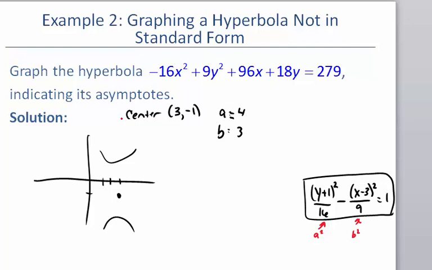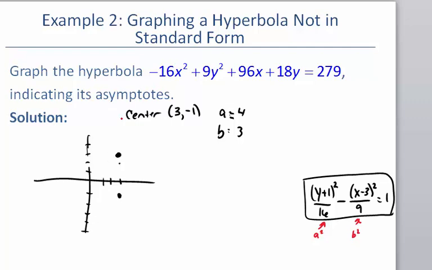And so let's go ahead and do our vertices. We know that the vertices play off of the a value. So I can go ahead and mark those off. I am going to come up 4 units from the center. So this is 1, 2, 3, 4.